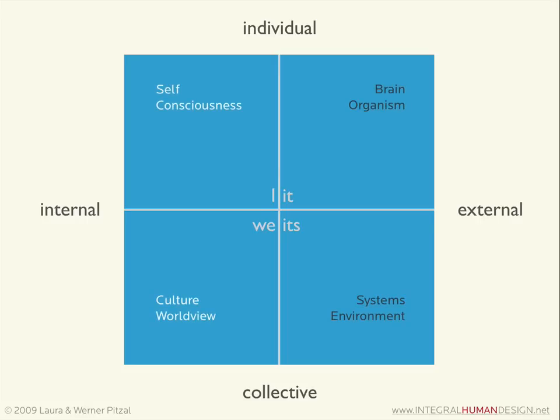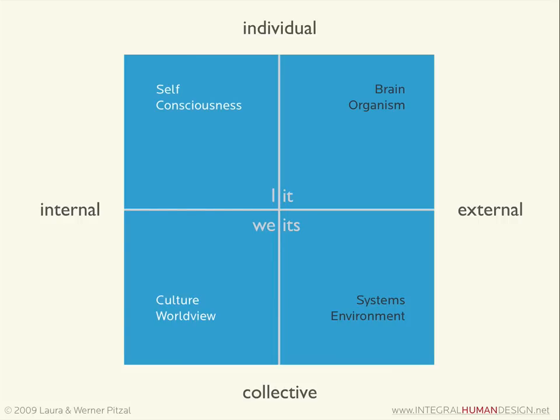It's in the upper left that we apprehend the world individually, internally, through our own consciousness. We have an inner experience of whatever is going on right now. And on the upper right, it's the brain and the organism and all the objective part of being individual.